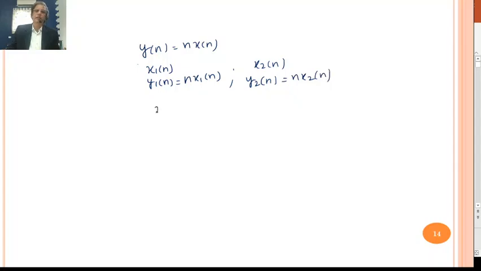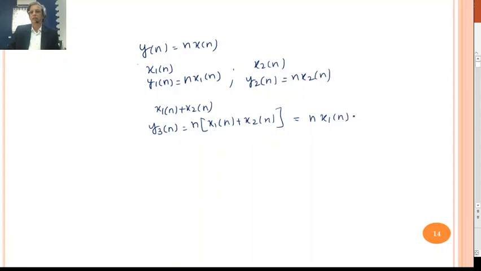Now combine x1(n) plus x2(n), find out the response due to this, and that is y3(n), which equals n times x1(n) plus x2(n). Now replace x(n) by x1(n) plus x2(n), and that comes out as n x1(n) plus n x2(n). Now verify whether this given system is linear or non-linear.